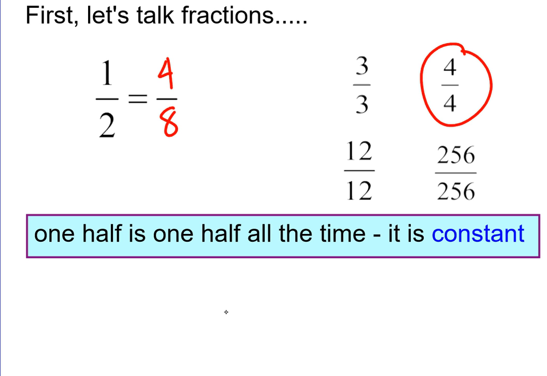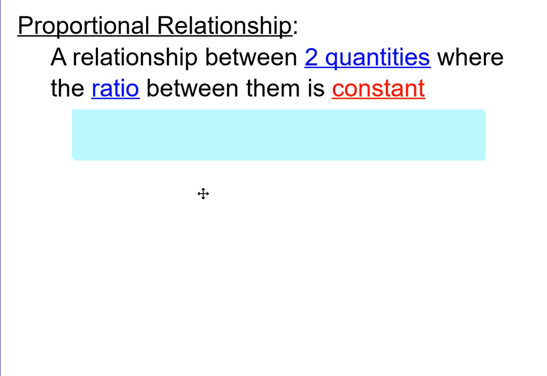So using this idea of constants, it's going to help us to look at the definition of a proportional relationship. The definition states it is a relationship between two quantities where the ratio between them is constant. So let's talk about those words that are in color here. The word ratio means we've got a fraction.